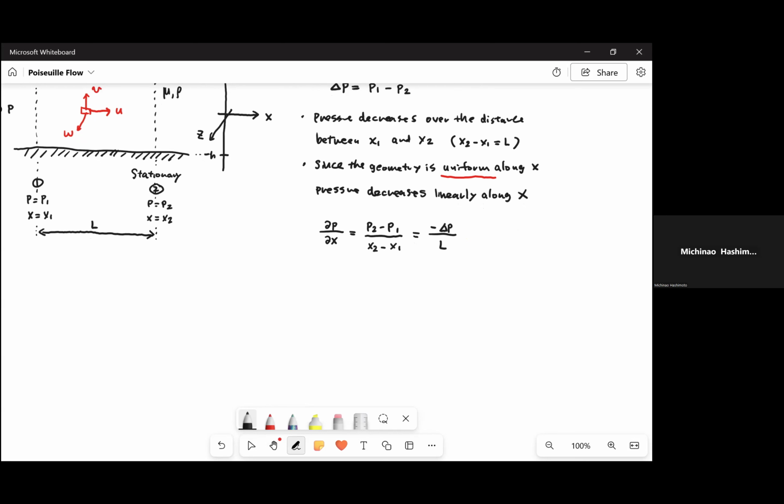So this actually doesn't make sense. In fact, P decreases, and of course this is the negative sign, the negative slope.